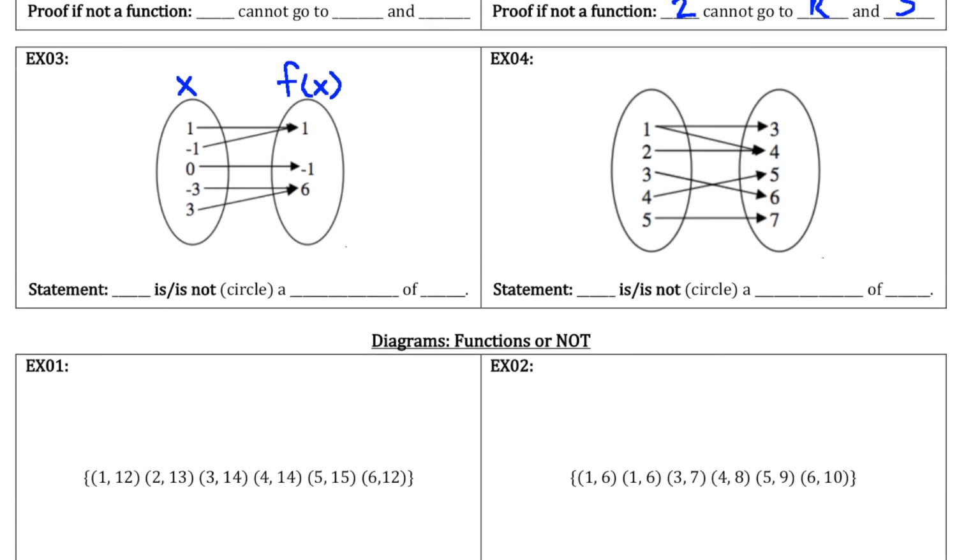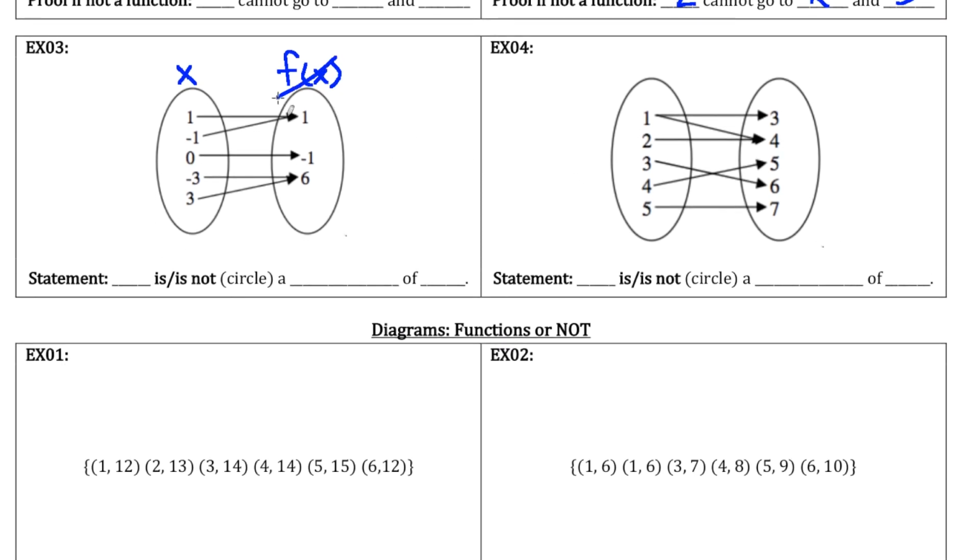So this kid goes to this school, this kid goes to the same school, this kid goes to this school, this kid goes to this school, and another kid goes to the same school. So looking good. So y is a function of x.